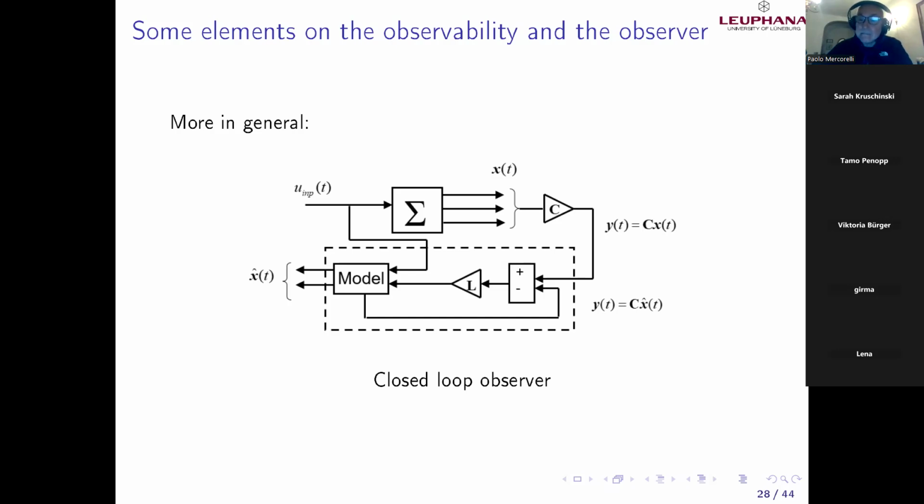This means I measure something. I can also measure everything. But of course, if I measure everything, the question is, why do I need an observer? Because I told you an observer is more important if I cannot measure everything, but it can also be used if I measure everything. In particular, an optimal observer. I will come back to this, because what I am estimating is better than what I am measuring.